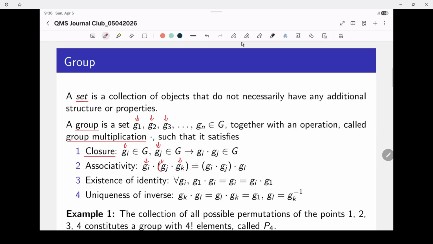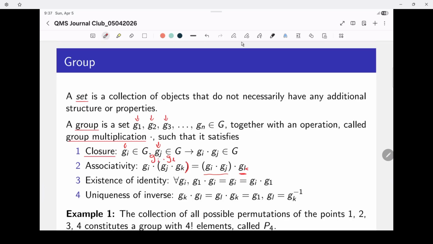The order of your multiplication does not matter under associativity, meaning that you can multiply the last two terms, let's say G_j and G_k, to get G_l, and then multiply G_i and G_l. This would be the same as when you multiply the first two, G_i and G_j, and after that multiply with G_k. Sorry, this was a typo, this should be K. So that's the second property of a group, associativity.